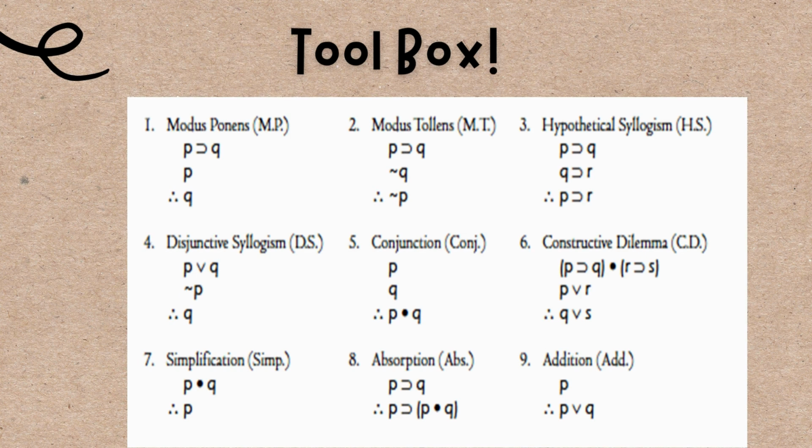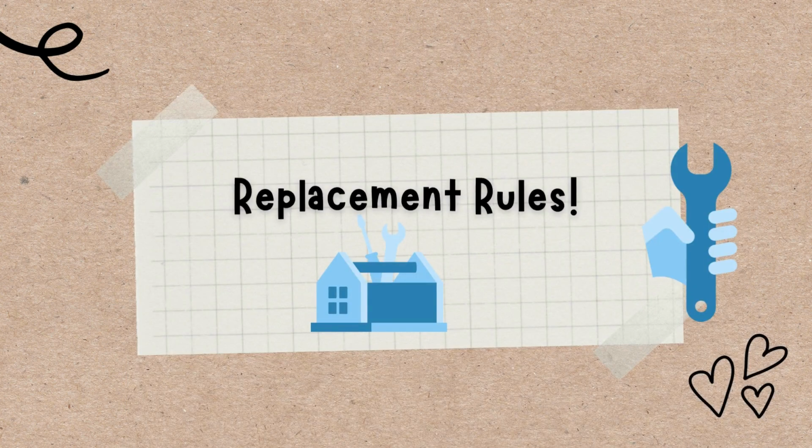In addition to these rules of inference, we are going to add a few more rules to make problem solving much easier. The second thing we are going to study today is rules of replacement. First we studied truth tables and solved problems, meaning finding the validity or invalidity of an argument.